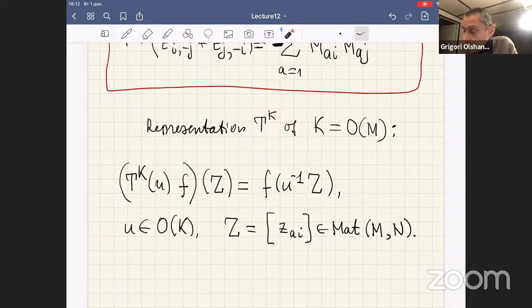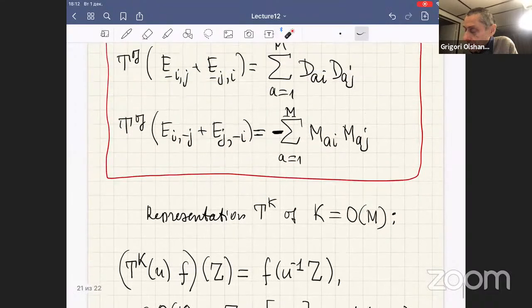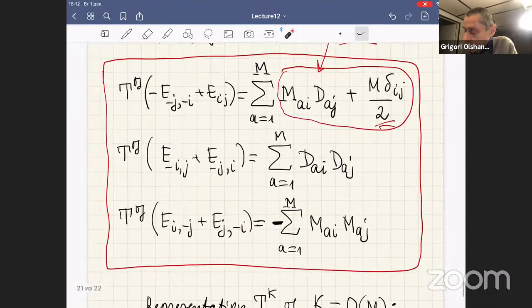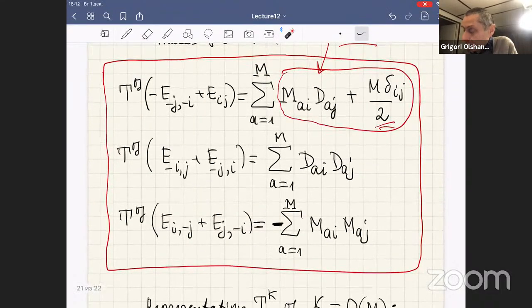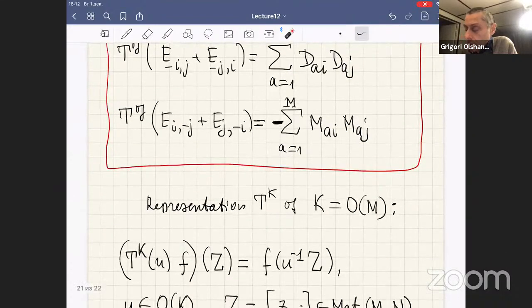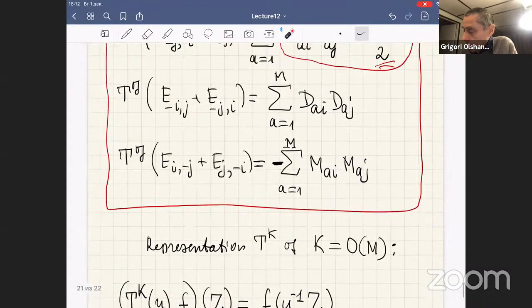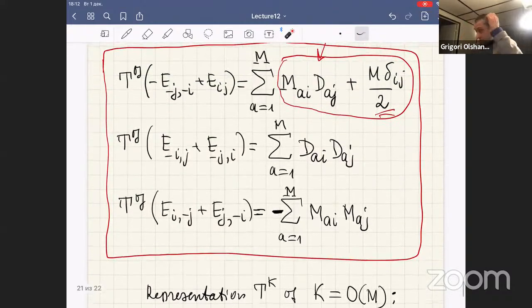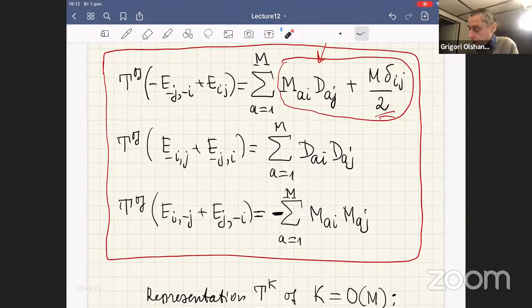And it's easy to see, just by looking at this picture, that this action commutes with the action of this area. A hint is that this is some kind of scalar product.